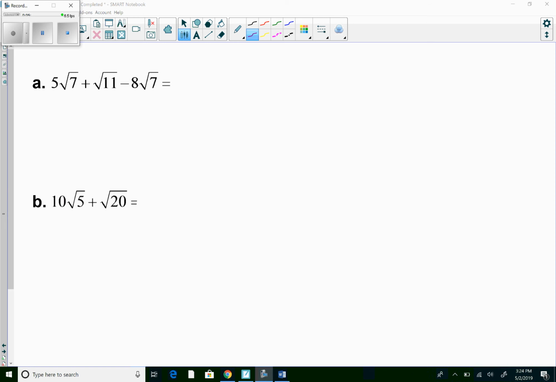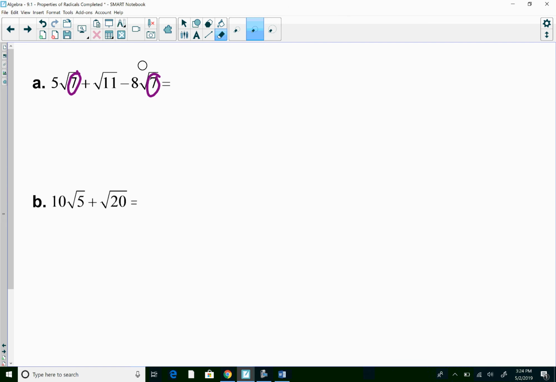We defined like radicals early, in video 1, basically as radicals that have the same number underneath the radical symbol. So we're just adding like radicals. Search for the radicals that have the same number.